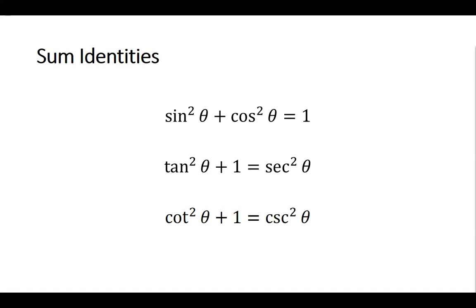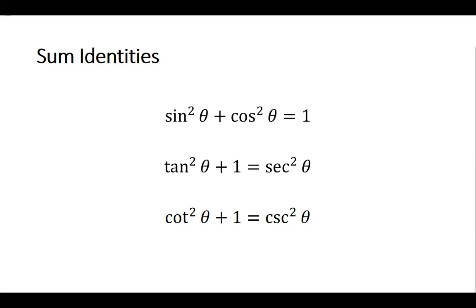Now, like I said, you've probably seen that first one. The other two you may not have. First one's the easiest one for me to remember because it's pretty straightforward. And when I say straightforward, I mean it's something that's easy for me to put together. Sine, cosine, 1. Also knowing that, well, I'll get to that in the next slide, but that one makes more sense to me and stands out as being more obvious.